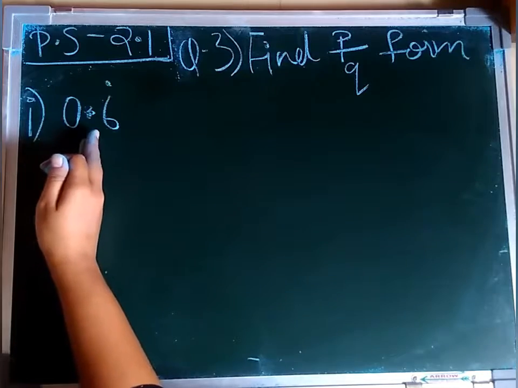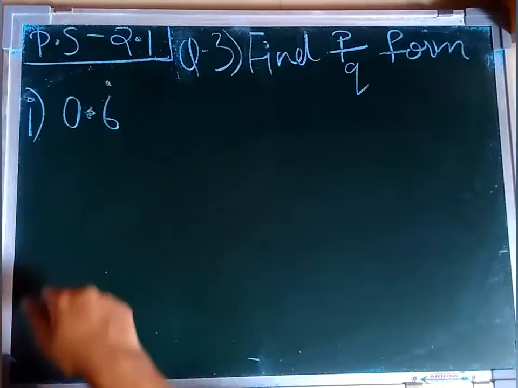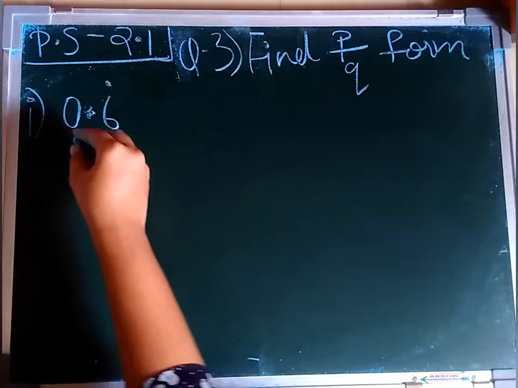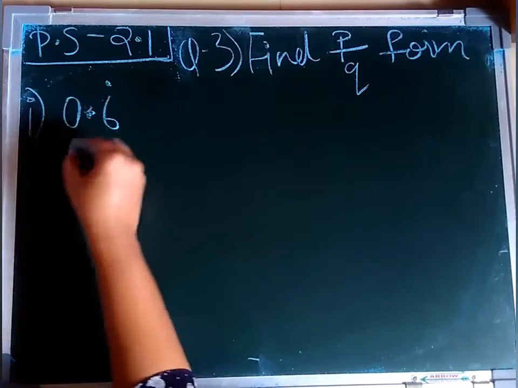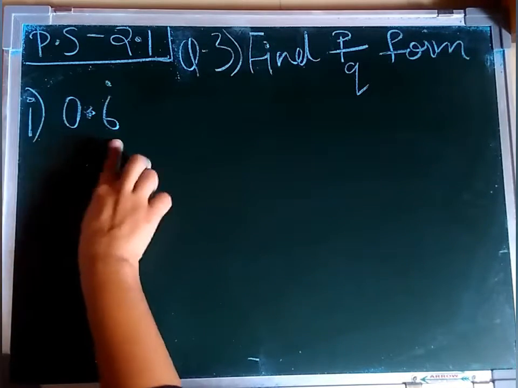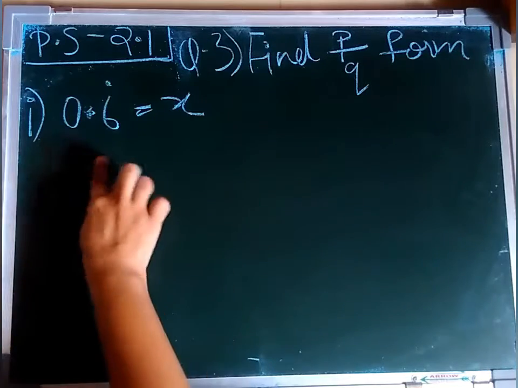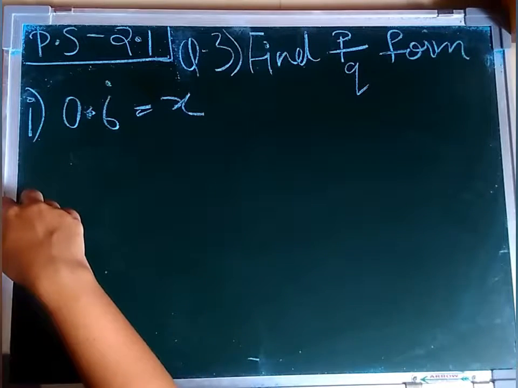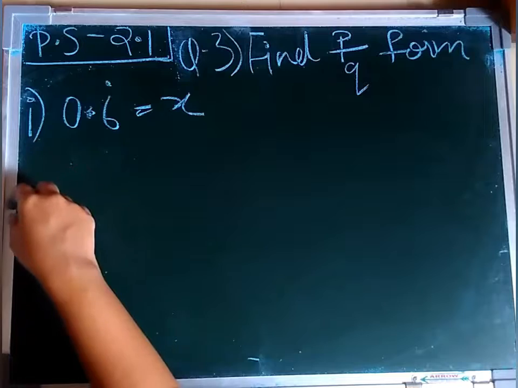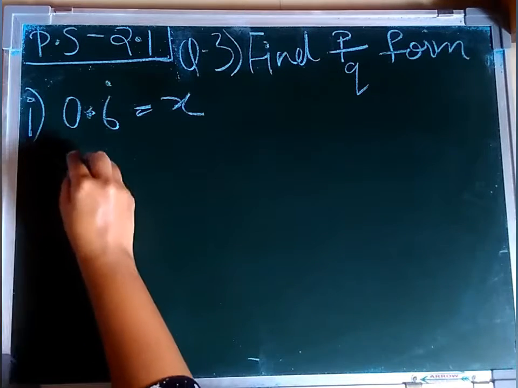So first question is 0.6 and 6 is repeating. Okay, so how do we find the P by Q form? So first thing is let this be x. x is equal to 0.6 recurring, and then I will multiply x with 10.